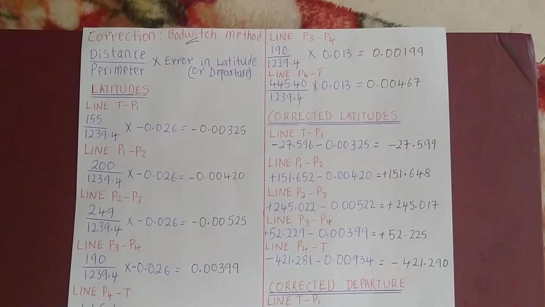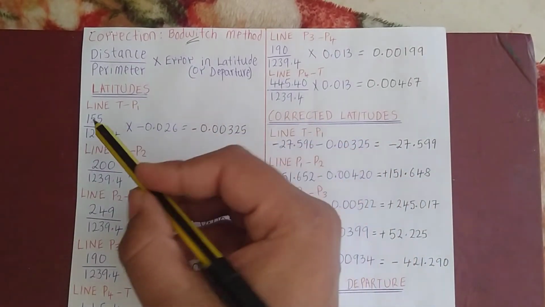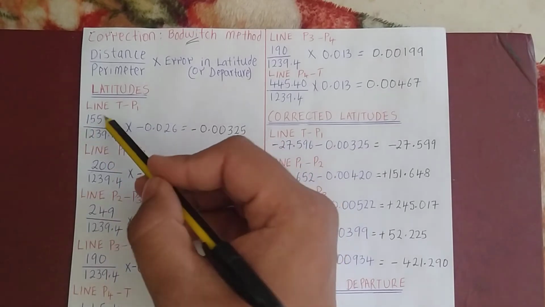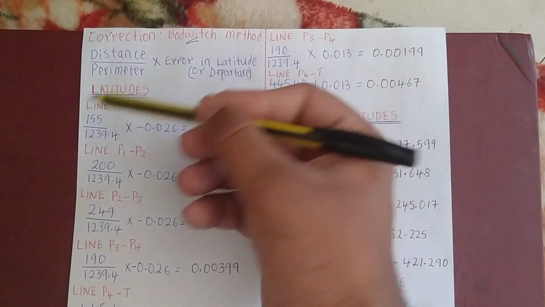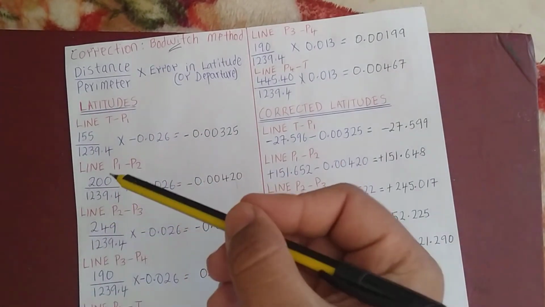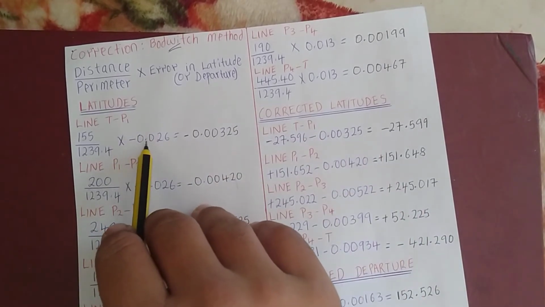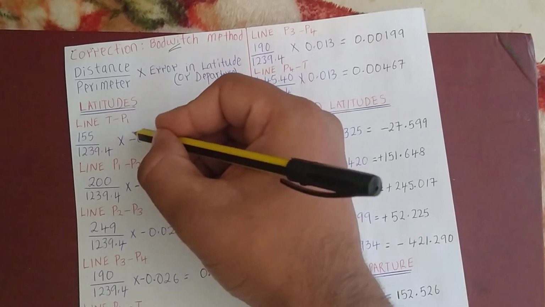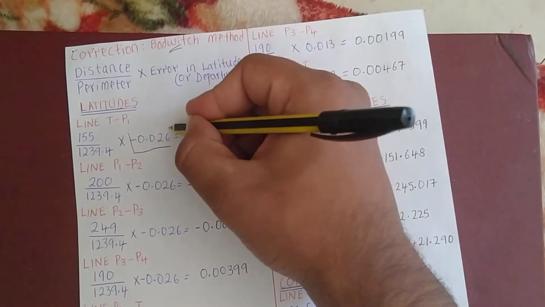Let's start with latitudes. Line TP1 had a distance of 155, and the perimeter was 1239.4. Be careful now: I've multiplied by negative 0.026. This was our error.